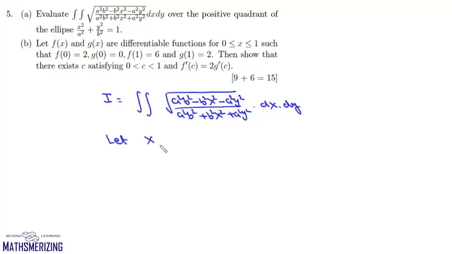We'll let x as a r cos theta and we'll take this y as b r sin theta. Now we'll put the value of x and y in this integral.